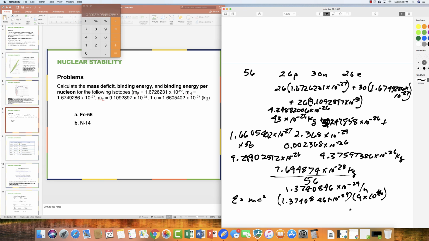If we do that, we get a number that's about 10 to the minus 12. It will be in joules now: 1.236676 times 10 to the minus 12 joules per nucleon. This other one is the same situation, and I'm going to let you guys do that.